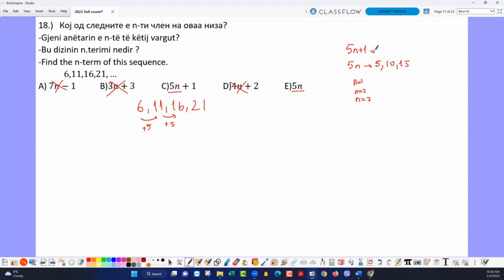As you see, this is not it. 5 times 1 plus 1 is 6. 5 times 2, 10 plus 1, is 11. And 5 times 3, 15 plus 1, is equal to 16. As you see, these are the terms of the sequence. So the general formula should be 5n plus 1, and you have to answer C again.